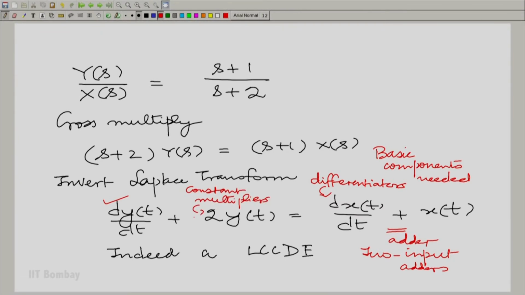So, essentially it is three kinds of components: two input adders, differentiators and constant multipliers, which should enable you to realize this constant coefficient differential equation. The question is, should we be using differentiators or should we be using integrators? We will talk about that after a while.